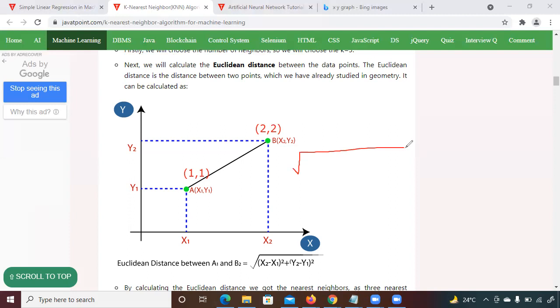So for the square root of 2, you are going to write here x1. Here x1 is 1 and x2 is 2, right? So what you are going to do is 2 minus 1, whole square, plus again 2 minus 1, whole square.